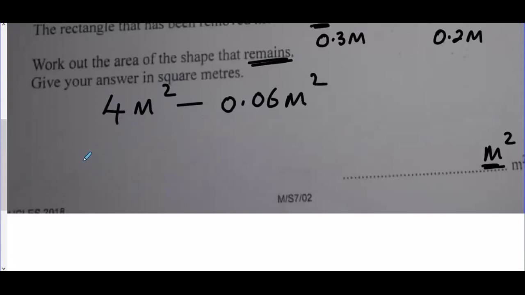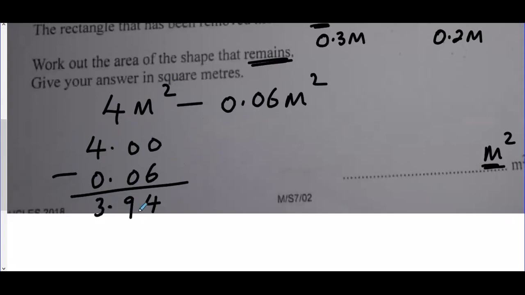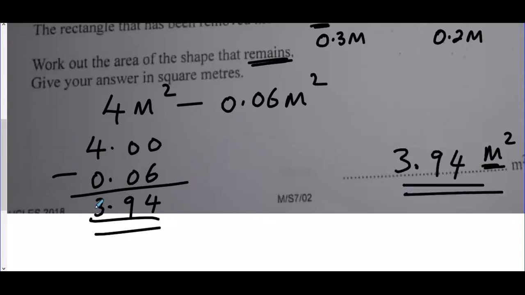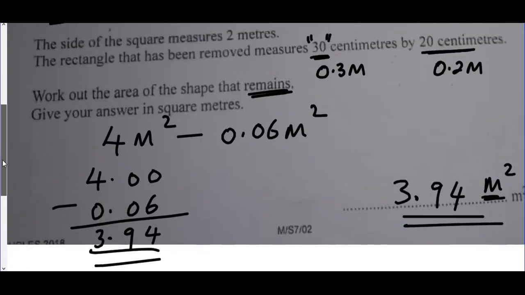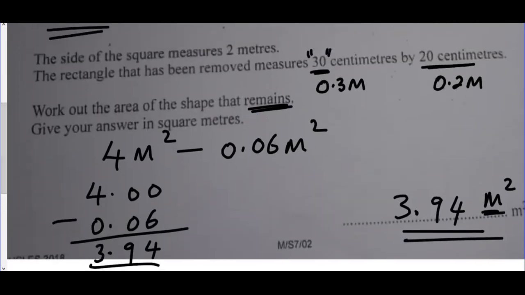And if you do this, you're gonna end up getting 4.00 minus 0.06. The answer will be 3.94 meters squared. So that's the area of the shape that remains.